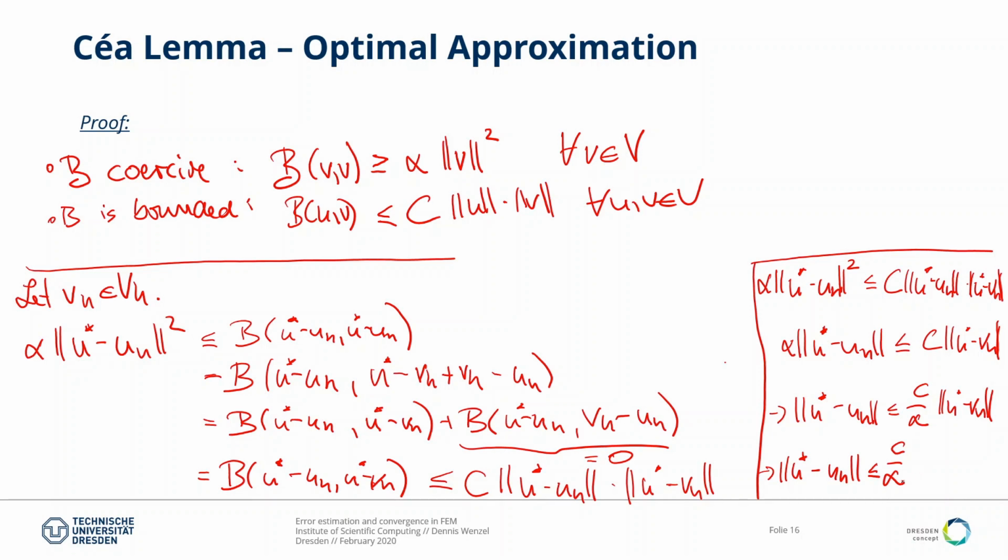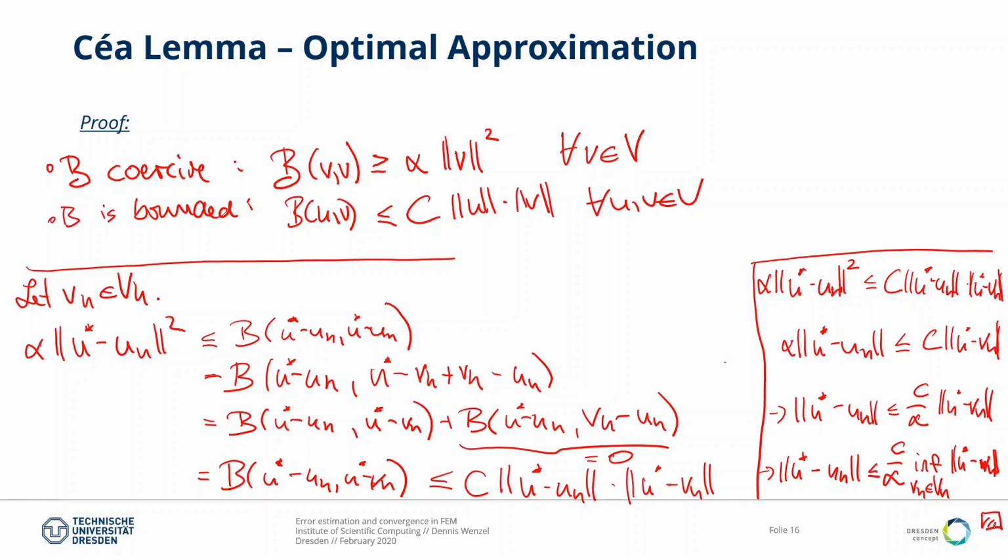Okay, so this is less than or equal to C over alpha times the infimum over all vh in Vh, and then this thing here. And that concludes the proof of Céa's lemma.